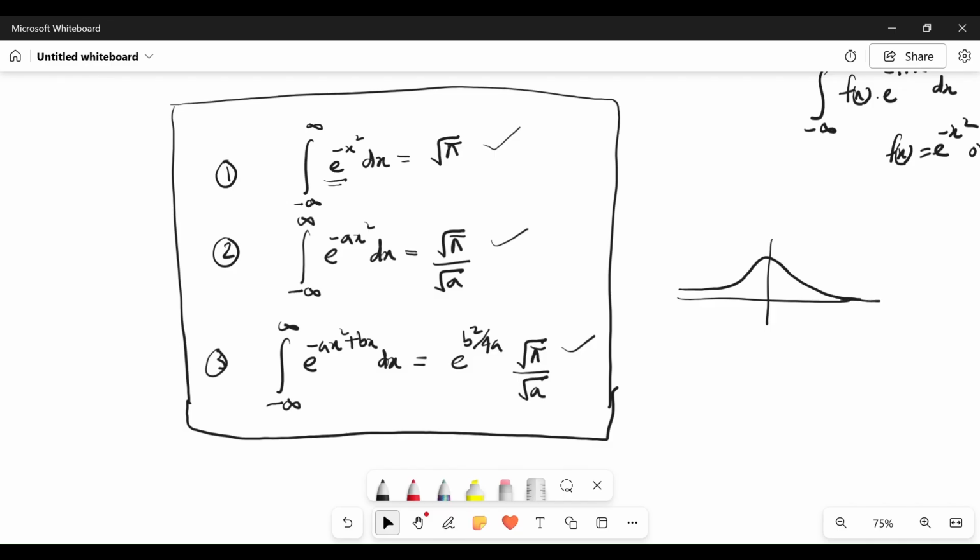These things will come up in probability, quantum mechanics, mathematical physics, and also in Fourier transforms and Fourier series. There it will be very helpful, especially these expressions.